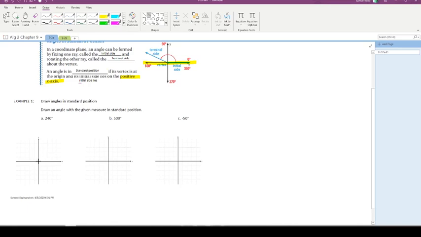So the angle goes from here to here, and that's 240 degrees. There it is, an angle of 240.